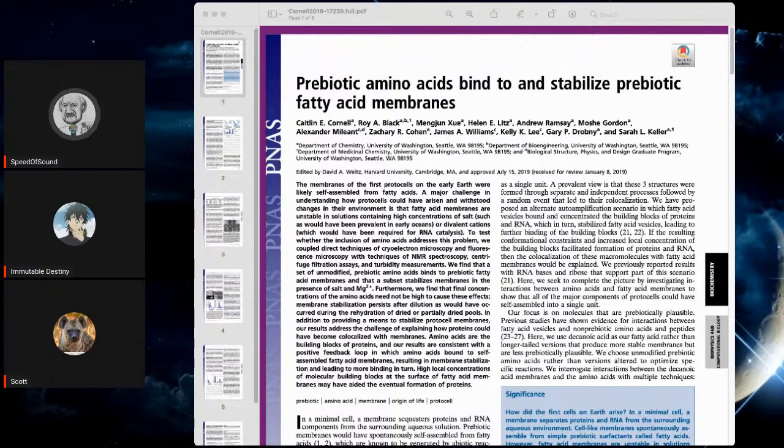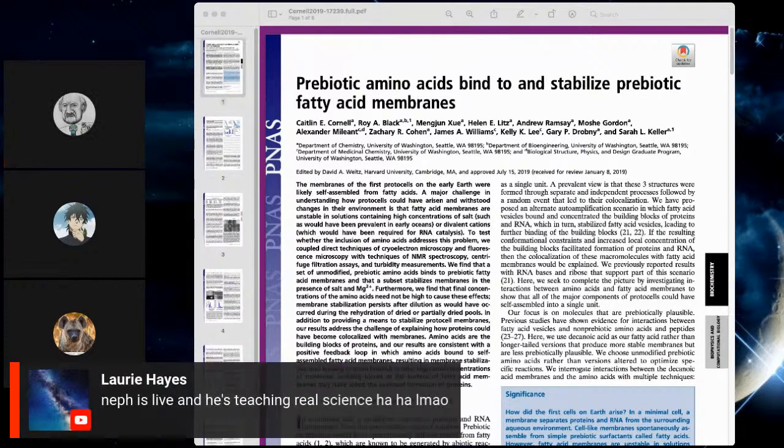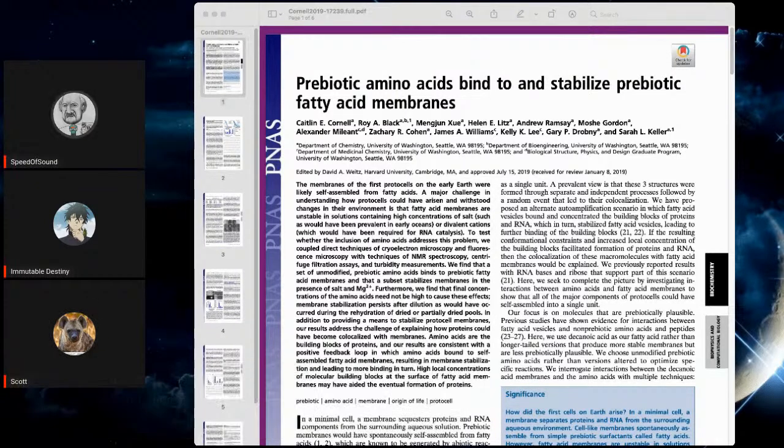So, Neff is teaching real science right now. That's good. I'm glad somebody is, because gosh. Yeah, I wonder if he's half in the bag like he was the other night. He might be. Either he's half in the bag or he has a problem with slurring for some other reason. Stroke? I don't know. Not sure. I wonder if it might be due to excessive alcohol abuse. Yeah, it does eventually fry your temporal lobes, as my older brother could attest to before he died.